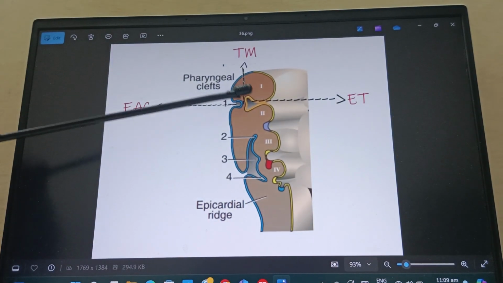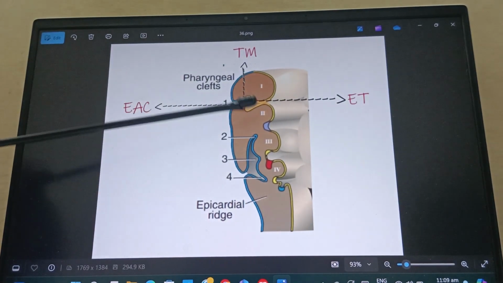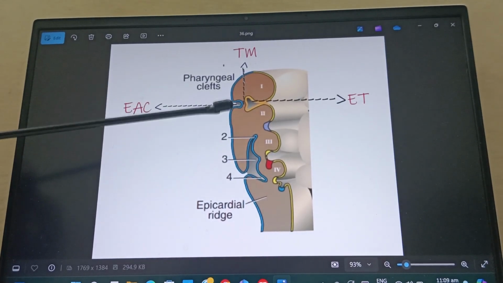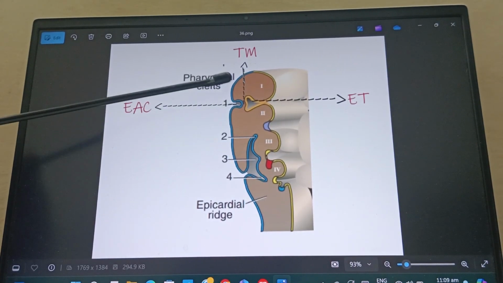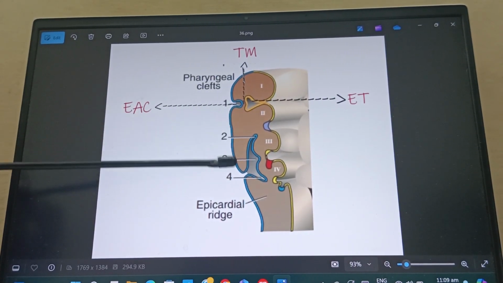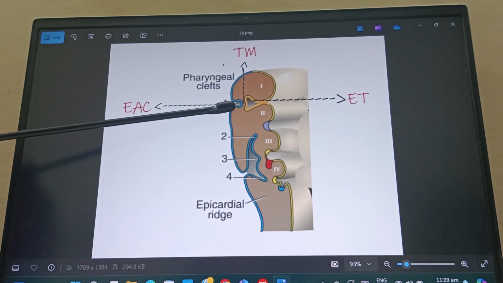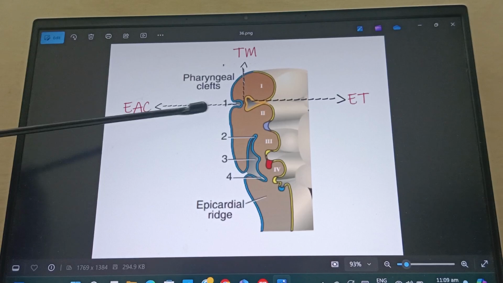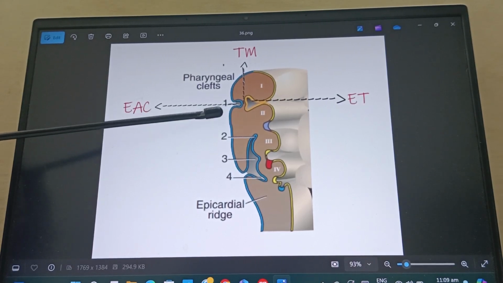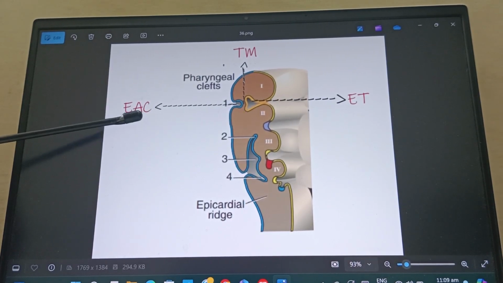So a picture comes in front of you. You must remember the pharyngeal arches, pouches, clefts, and the membrane. On the outer side, the blue line is showing us the various pharyngeal clefts. So this is the first cleft. Now concentrate that it should give rise to a portion of the external ear, the external acoustic meatus, if you can recall.